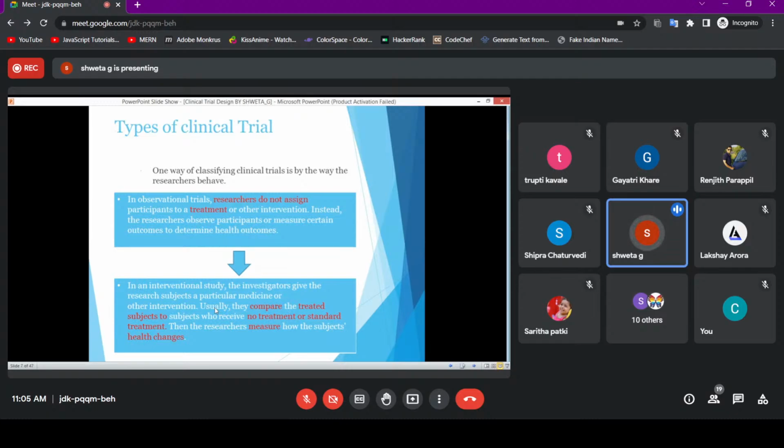We'll see whether our test drug is better, superior, inferior, or equivalent to the placebo or to the standard treatment that is available.